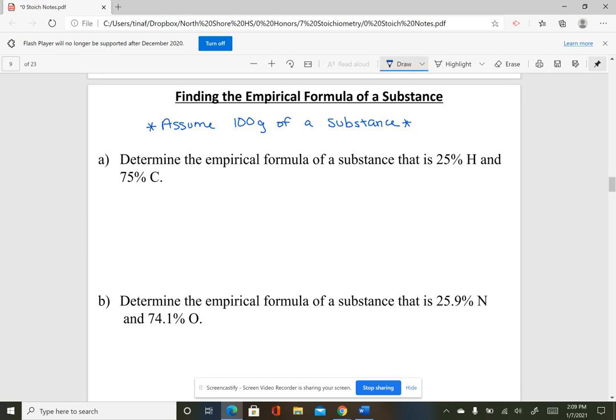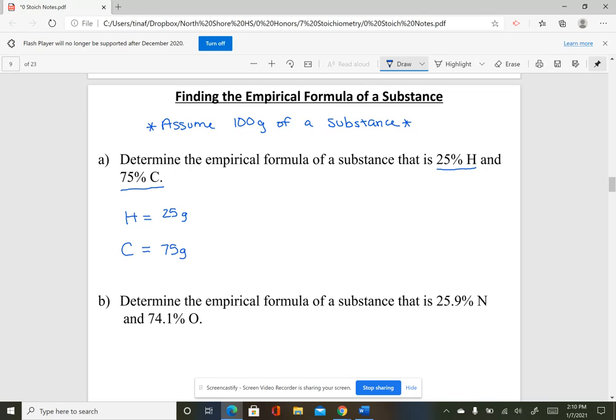Okay. So for this question, they're telling me I have 25% H and 75% C. So I'm going to write out what my elements are. If I'm assuming that I have 100 grams of the substance, and 25% of them are hydrogen, that means I have 25 grams of hydrogen and 75 grams of carbon.